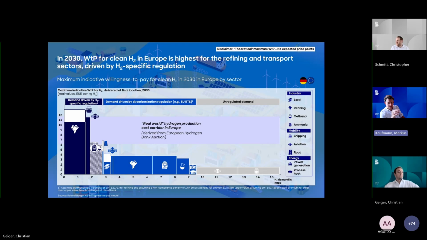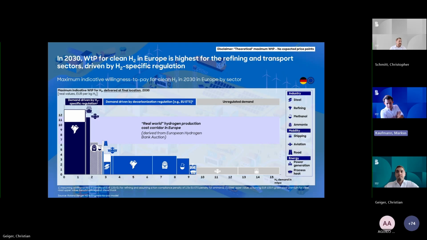But what I do want to say is, here we took the example of Germany, which, as said, has a particularly high penalty on the RED 3 quotas. But the general merit order, the general pecking order of the off-take sectors, is the same across all EU member states.